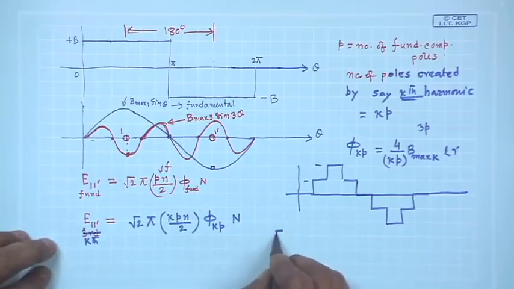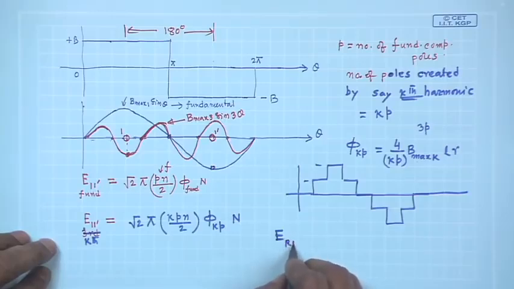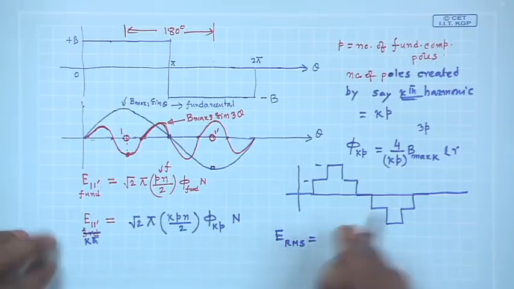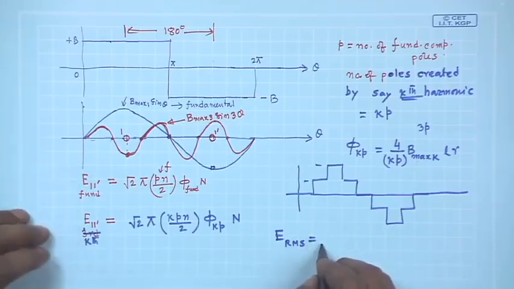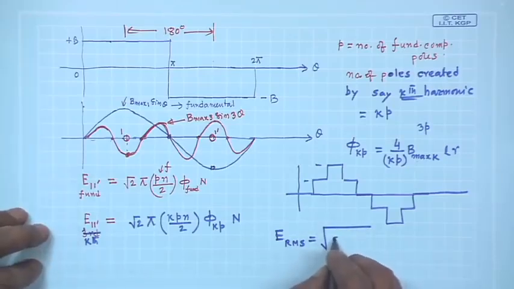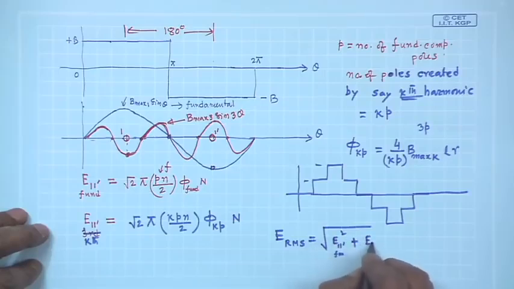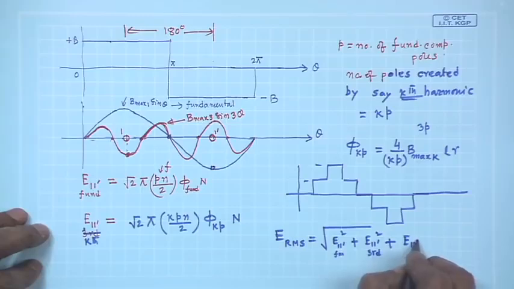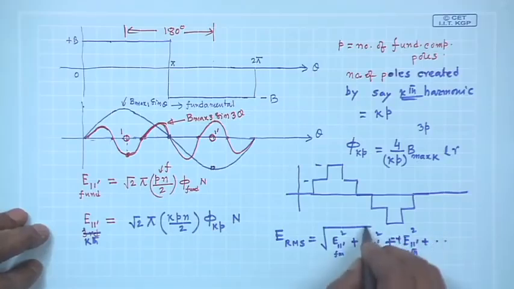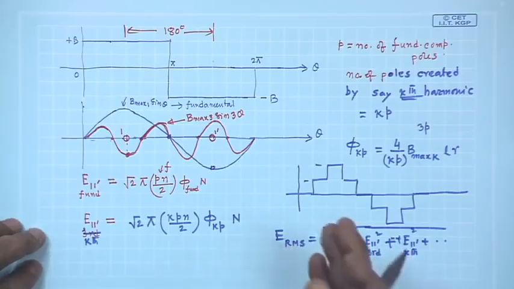For example, E RMS of this voltage waveform, if harmonics are present and you are not neglecting them, should be done like this: E 1 dashed only fundamental square plus E 1 dashed only third harmonic square, plus E 1 dashed only kth harmonic square, dot dot dot, add all of these, take the square root, get the RMS, and you will get the same expression.